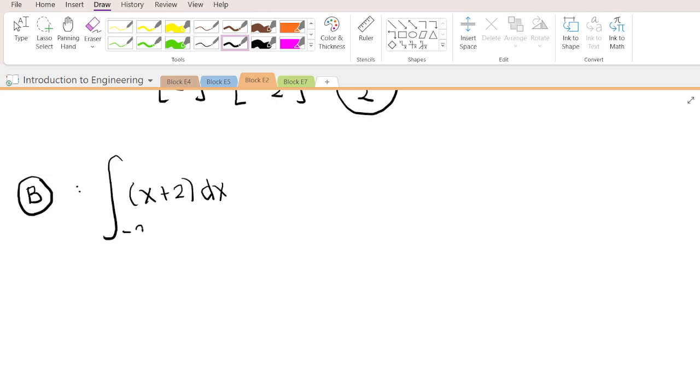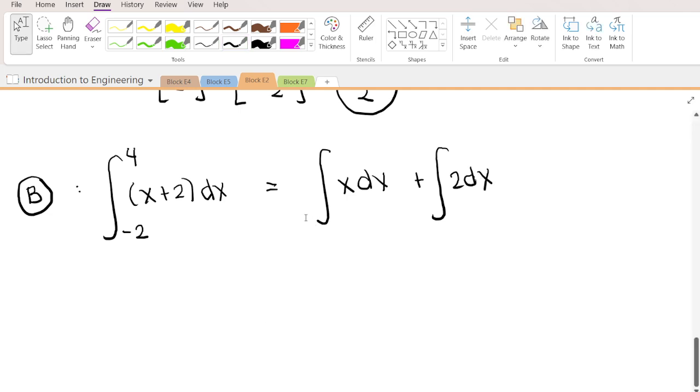So negative 2 as our lower limit and positive 4 as our upper limit. So you do the same thing again. So you can split the integrand into parts, the x, and then for this one, you can bring out the 2.